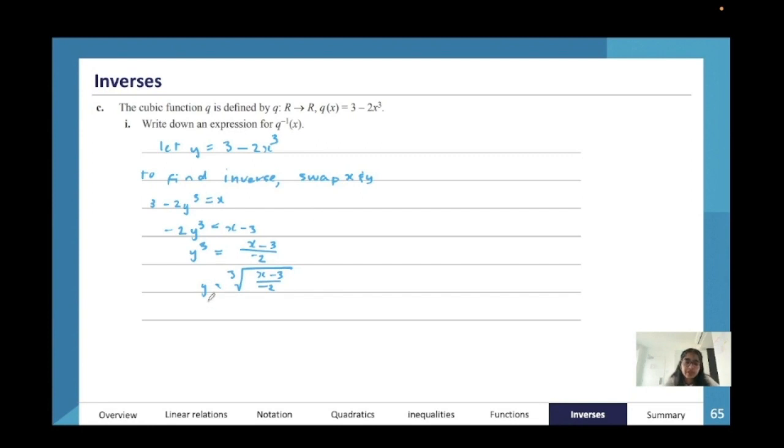Therefore, the expression for q inverse of x equals the cube root of x minus 3 on negative 2. And that's how we would solve this one.